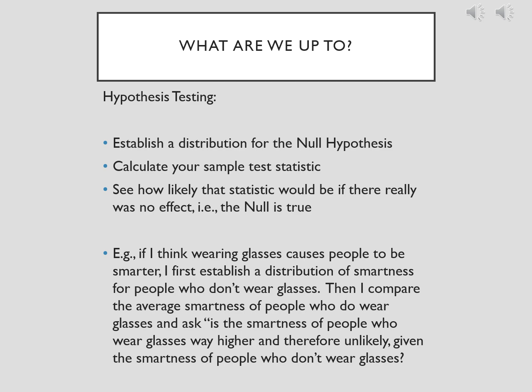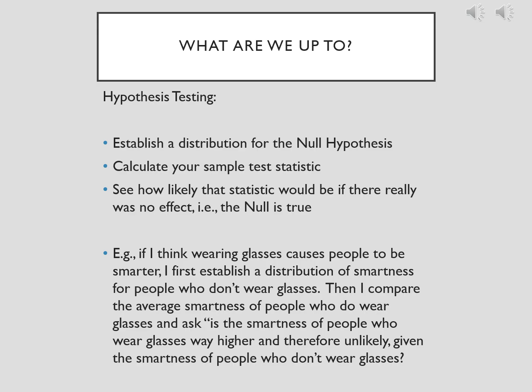If I find a group of people who wear glasses and they happen to be a lot smarter, then that's going to be very different from the people who are not wearing glasses, and therefore it's unlikely we would see such a high smartness if in fact there were no effect. So there probably is an effect of wearing glasses if I see a very high smartness average for the people who wear glasses. Okay, we'll walk through some examples of that later on.